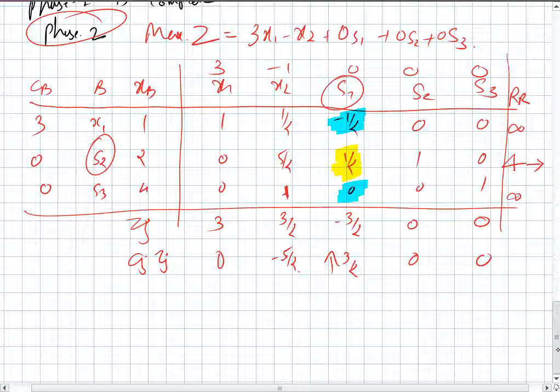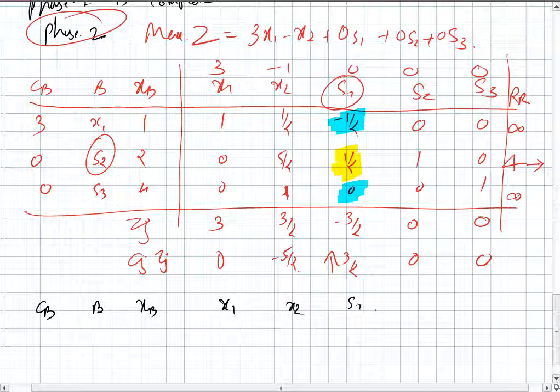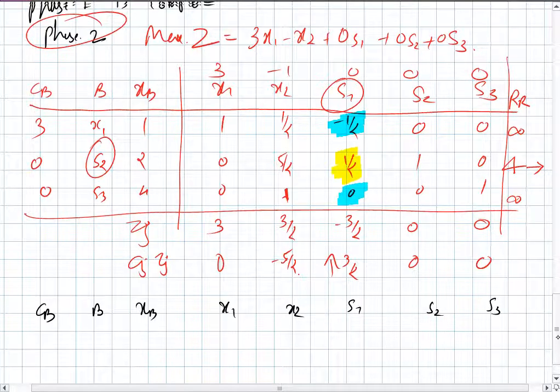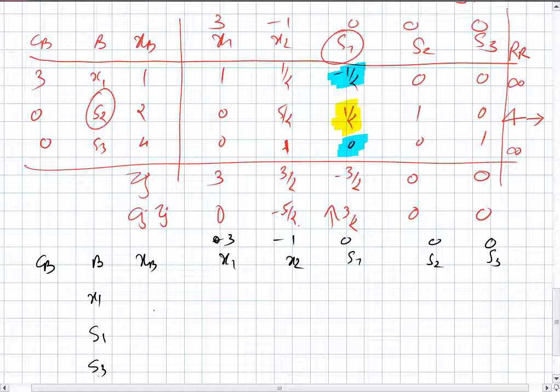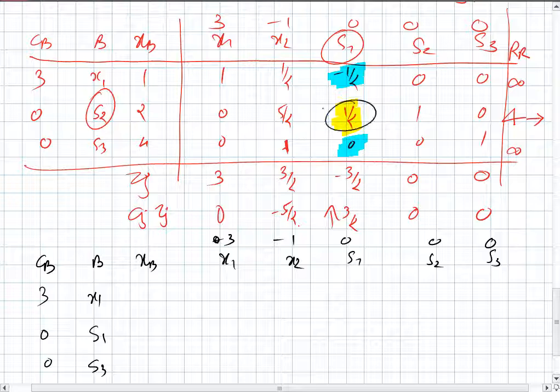So again, applying the row reduction process, we are having CB, B, XB, X1, X2, S1, S2 and S3. Coefficients are 3, minus 1, 0, 0, 0. In basis now we are having X1, S1 and S3. And now coefficients are again 3, 0, 0. To make this entry 1, we have to multiply everything by 2.